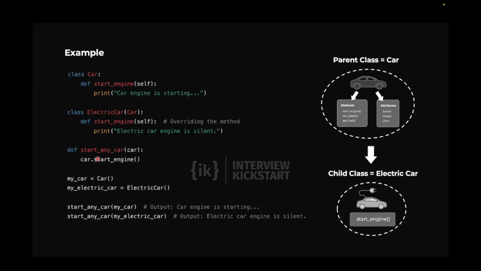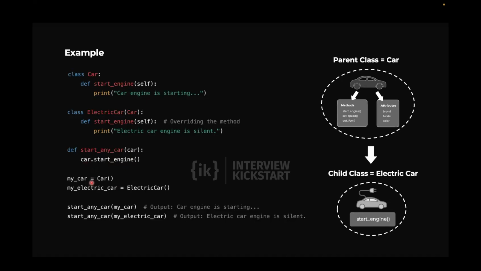Here we are defining a function outside of all these classes. It's called start any car, and as an input this function gets an object. Functions can get anything as input, so they can get any data type. They can also get an object. Then we call the start engine function for that object inside the function.